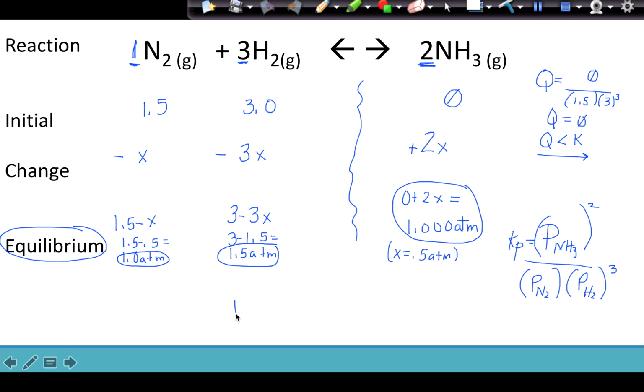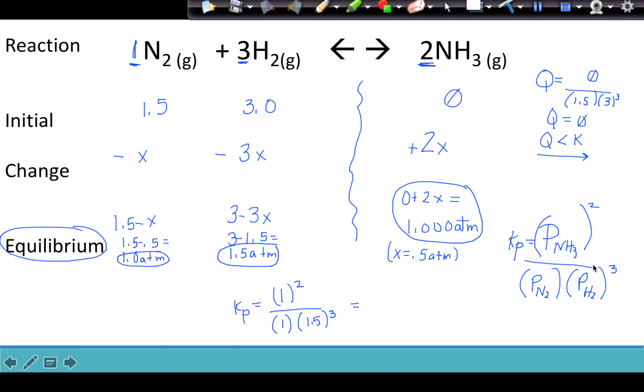So I wind up with Kp equals 1 squared over 1 for the N2 times 1.5 cubed. Ammonia squared over nitrogen times hydrogen cubed.